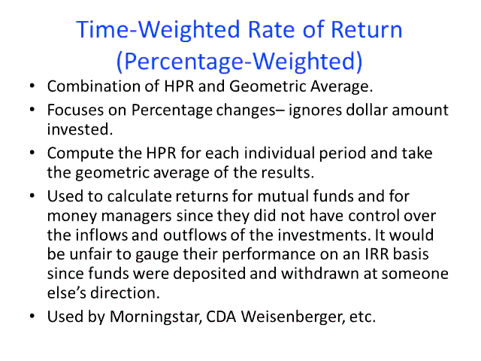Last calculation for this assignment is the time-weighted rate of return. Look at the second bullet point. It says its focus is on the percentage change that ignores the dollar amount invested. In other words, it's the money manager saying, how well did my choices work?